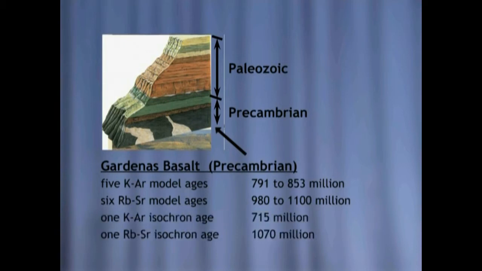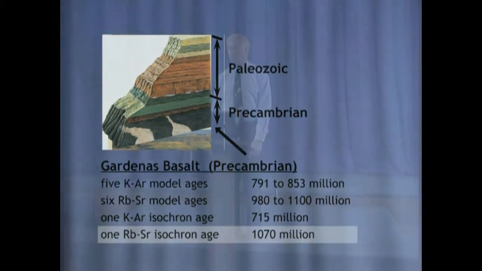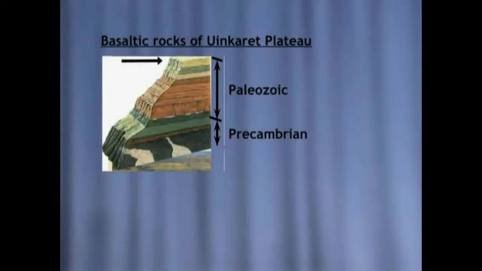And notice the different ranges of the dates we got. That alone should invalidate the whole dating process when you get so many different ranges of dates. So which one did they choose? Well, they chose the 1 rubidium-strontium isochron. And they dated this rock at 1,070,000,000 years old.